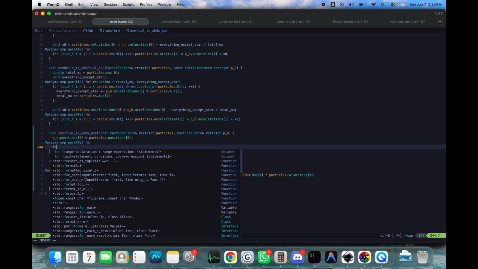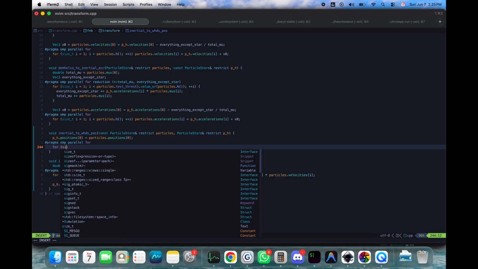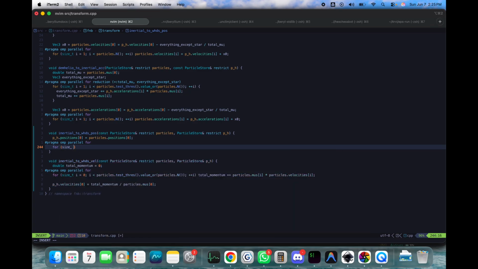Pragma OMP parallel for, size_t i equals 0, i less than particles dot n particles dot stress dot value, or particles dot n, plus i.